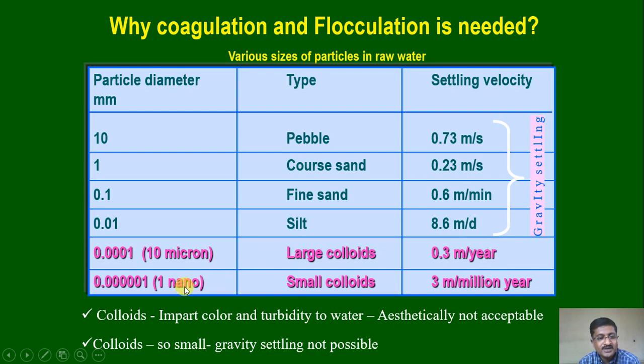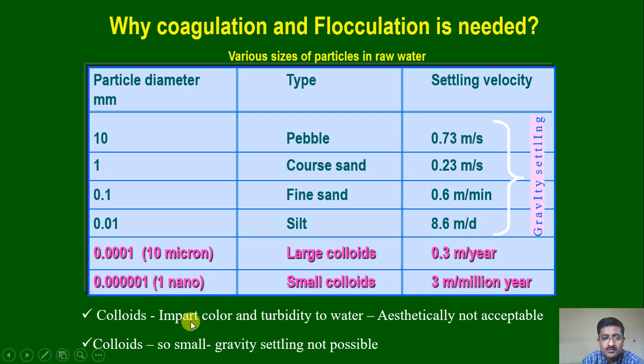And a 1 nanometer particle, a small colloid, settles at 3 meter per million years. So it is not possible to settle all the particles only by natural sedimentation or gravity settling. We'll have to apply some chemical action here to settle those particles.